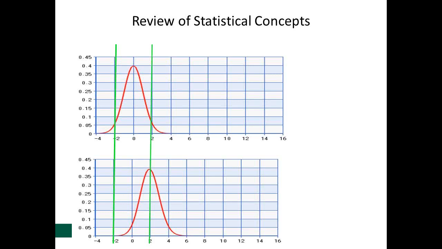Which, when we go to do 80% power, we're trying to find a difference that would shift this distribution up so that 80% of that bell would be above the green line. That's what we're doing. We're trying to find that difference.